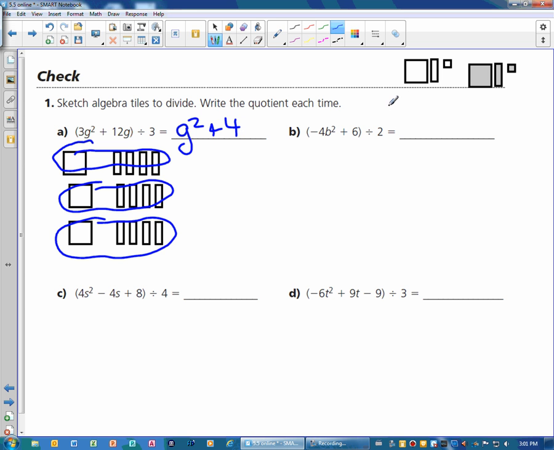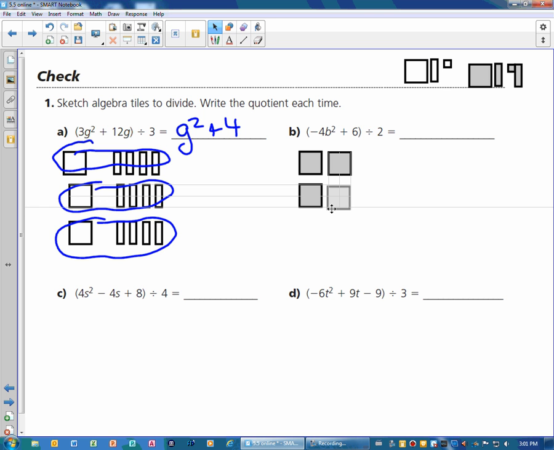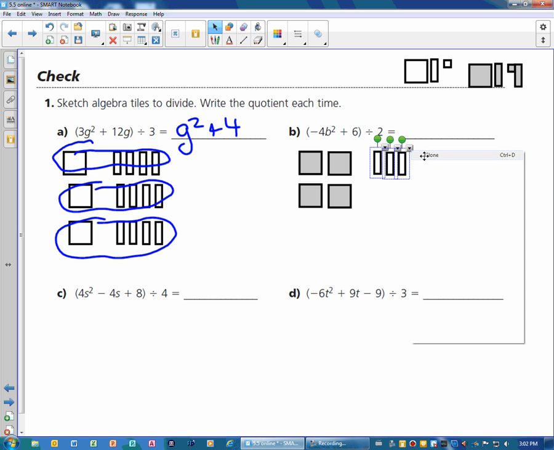All right, B. Negative 4b squared. Oops, not that one. This. 1, 2, 3, 4, negative 4b squared plus 6. 1, 2, 3. So there. Cheating.